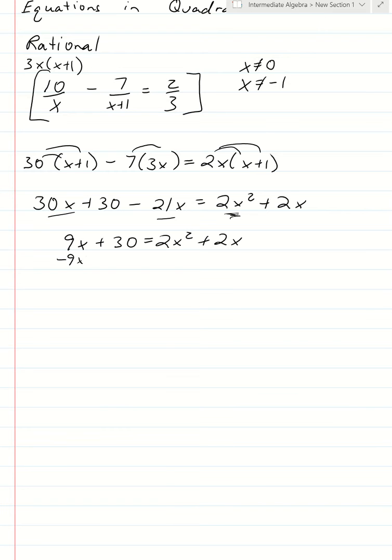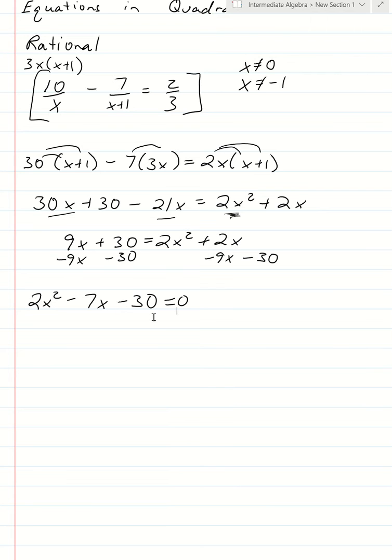I'm going to subtract the 9x over, as well as subtract the 30 over. That would give me now 2x squared, the 2 minus the 9, of course, that would give us -7x minus 30. This is going to equal 0.